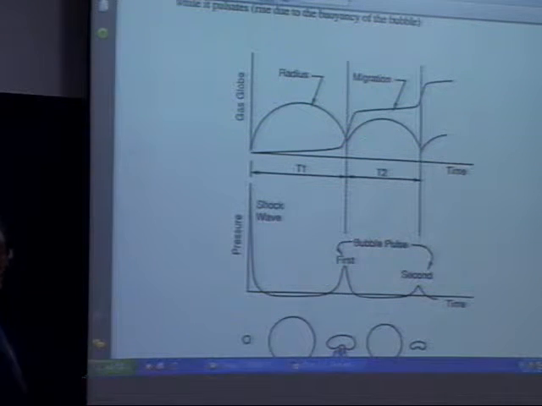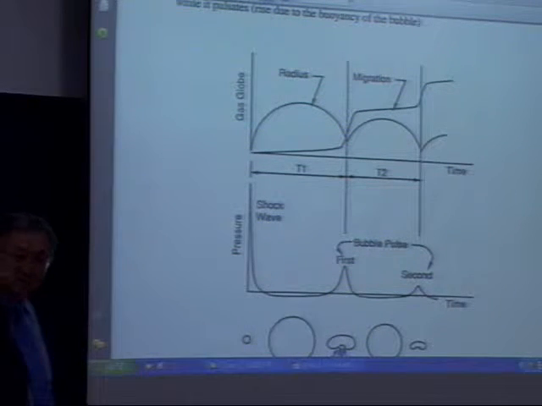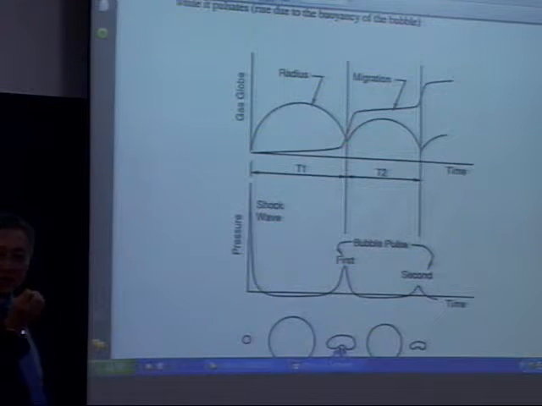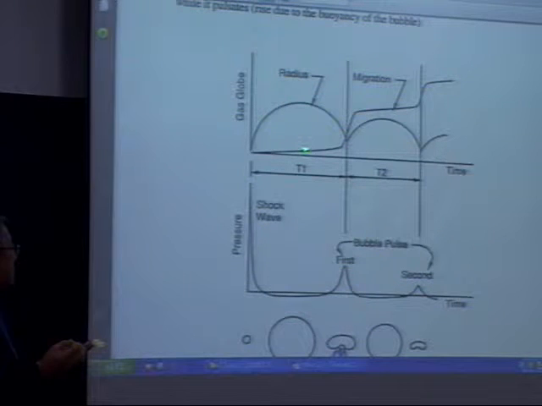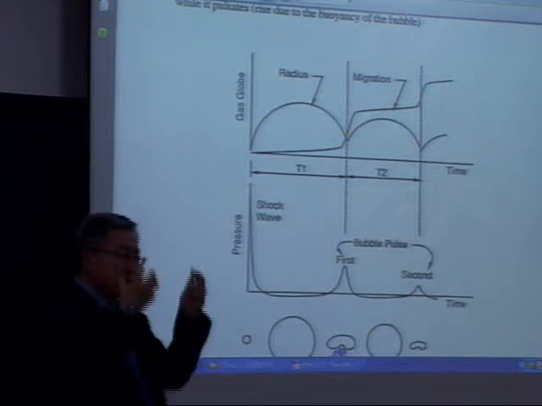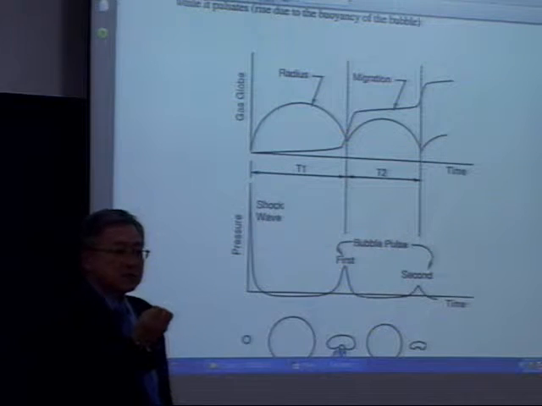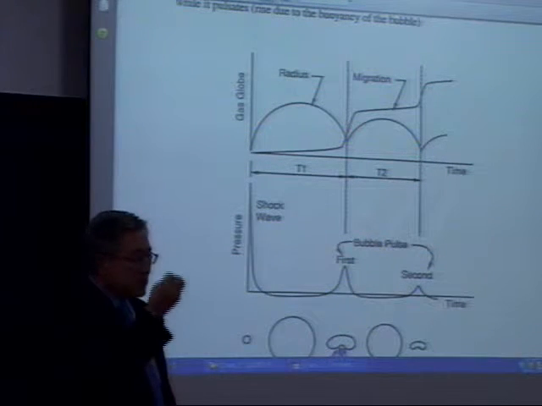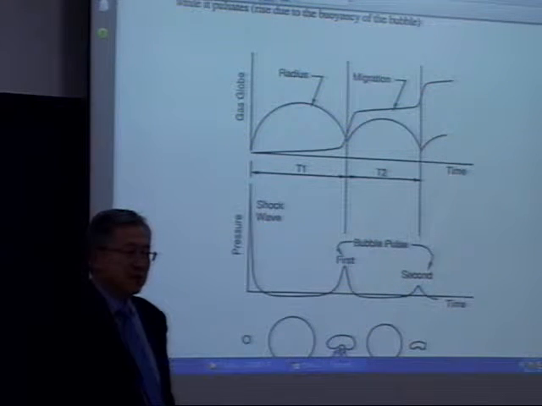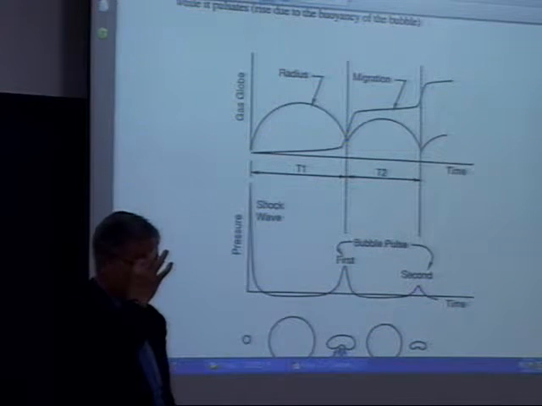Why does it do that? He said, I expect that when the gas bubble is large, the buoyancy force is large, so it should move fast. And when the gas bubble is small, the buoyancy force is small, so it should move much slower. Then why did it happen? Do you have any idea? Why could it happen?